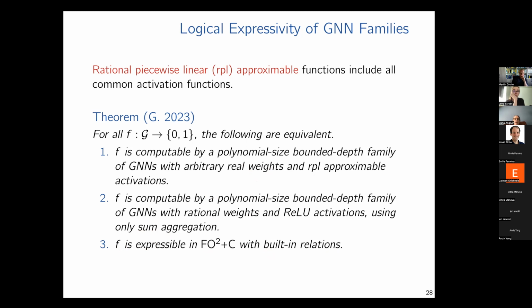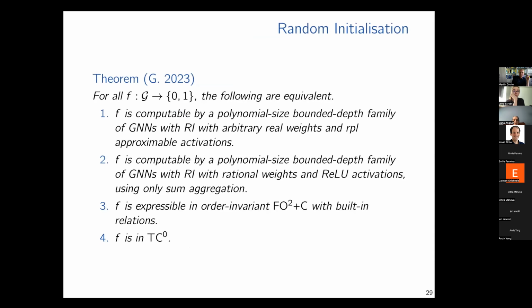Okay. So that's the logical characterization of the power of graph neural networks. If we add random initialization, it gets even nicer. We basically say, okay, again, we have a Boolean function on graphs.